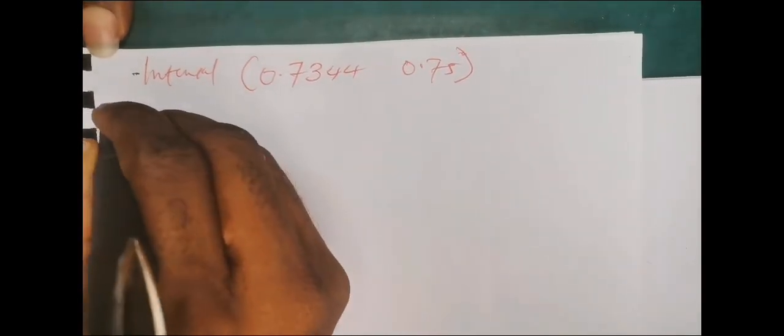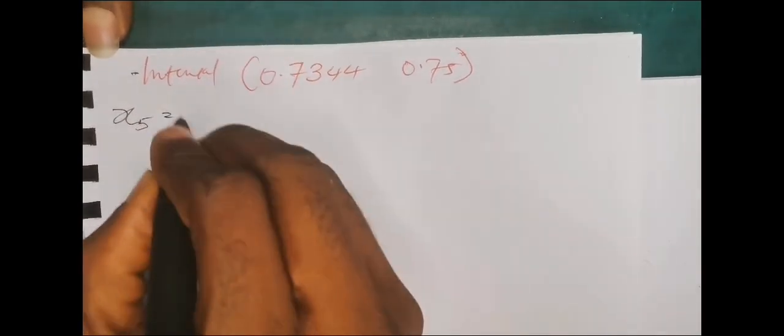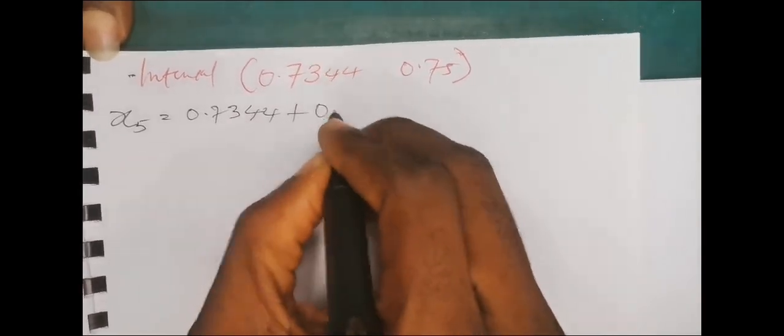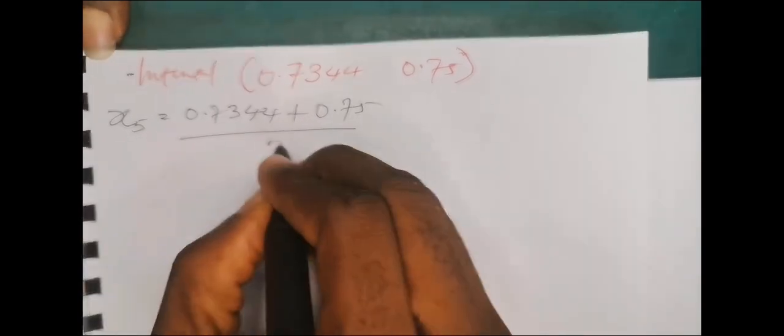Therefore, the fifth root, s5, equals 0.7344 plus 0.75 divided by 2.